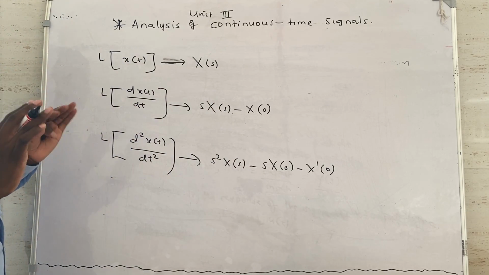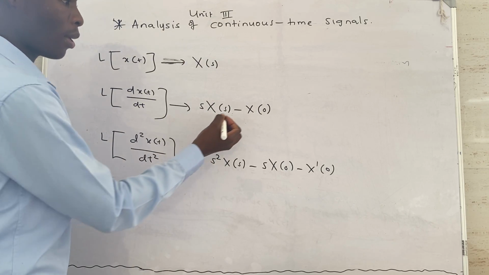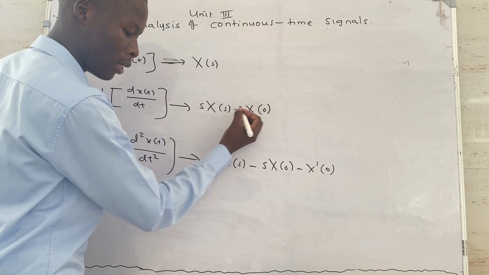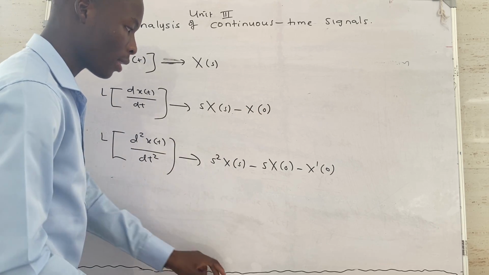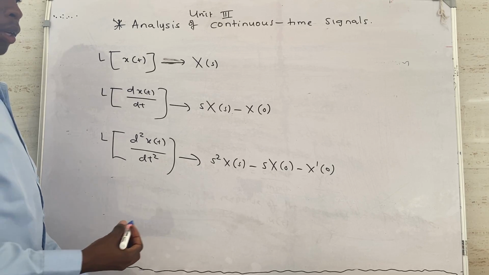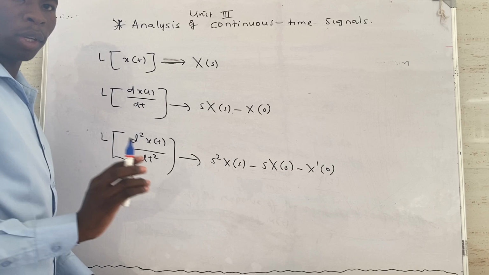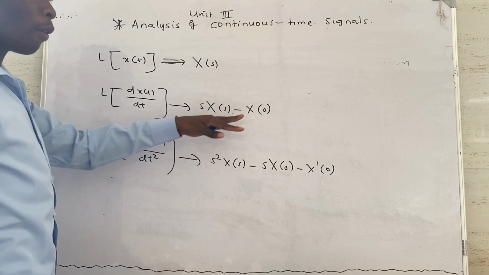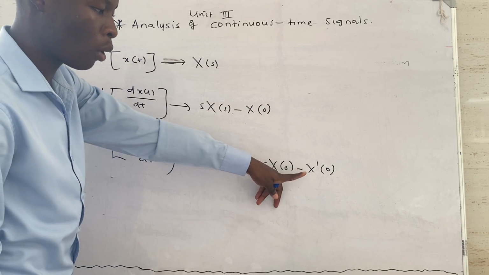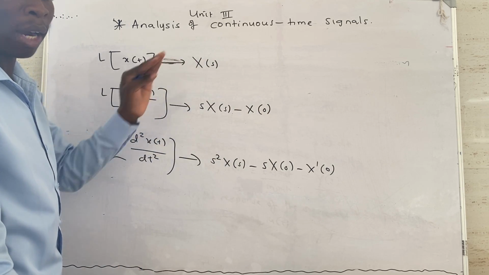They are going to give you a problem whereby in some cases the value of x of 0 is given. The value of x bar of 0 is also given. If the value of x of 0 and x bar of 0 is given, it means you have to substitute accordingly.